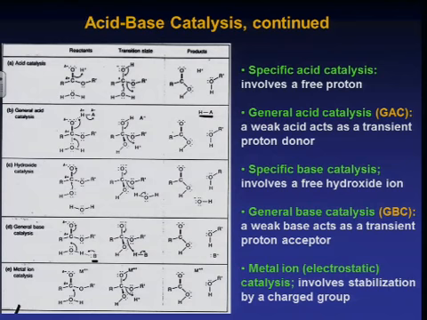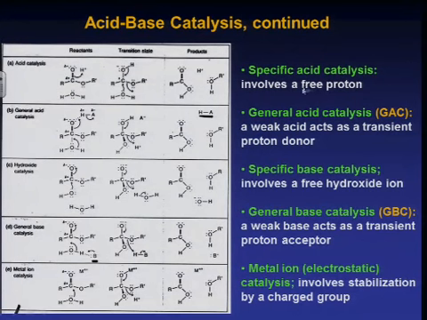What I just told you are two examples of specific catalysis, i.e., when we were talking about protonating that carbonyl oxygen or deprotonating the water. In those cases, we've got acid-base catalysis going on, but it's involving a specific acid, i.e. proton, and a specific base, the hydroxide ion. So what do we mean by that?